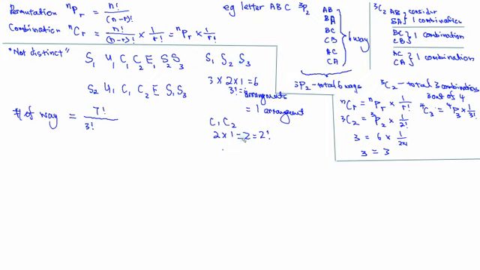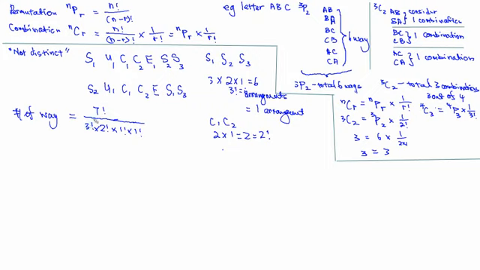What about this? It is 2 times 1, which is 2 factorial. Now, the U and the E, there's only 1 each. So it's 1 factorial times 1 factorial.